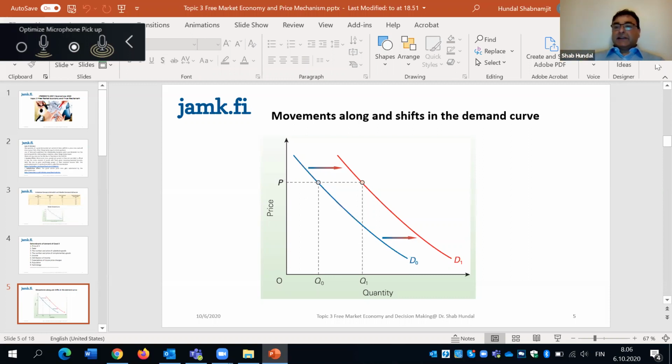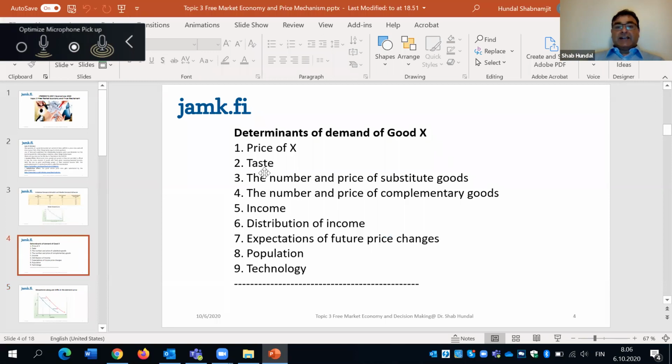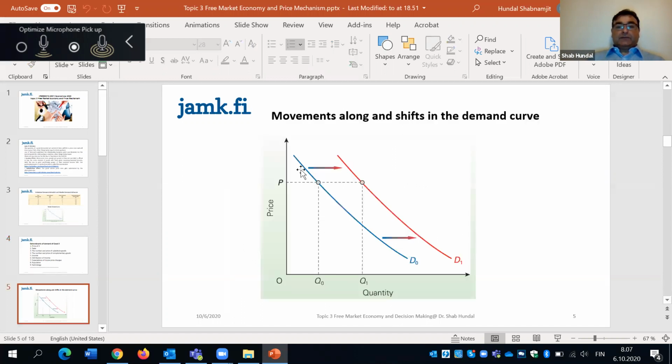Remember the slide, the determinants of good X. So only price of X is changing, the tastes are constant, the number and the price of substitutes and complementary goods are constant, income is constant, distribution of income is constant, there's no change in the expectation, there's no change in the population, there's no technological development or degradation, and there's no change in any other factor except one factor, that is price of X. If we only draw the relationship between price and demand and we assume that everything else is constant, then we have this type of line, the blue line. This is called the movement along the demand curve.